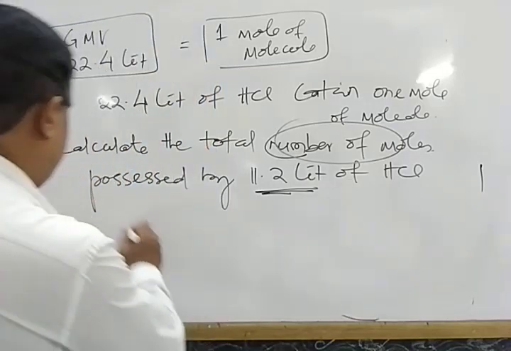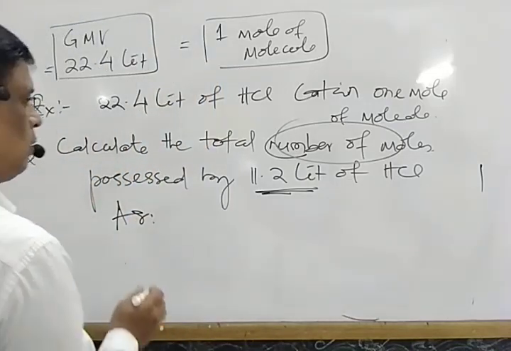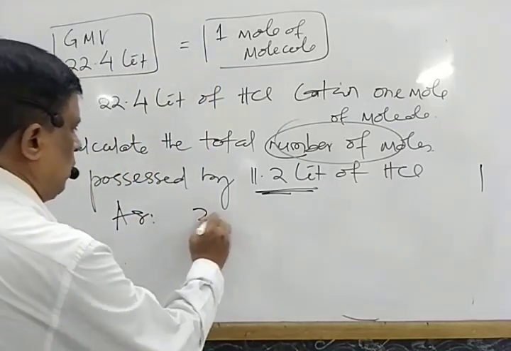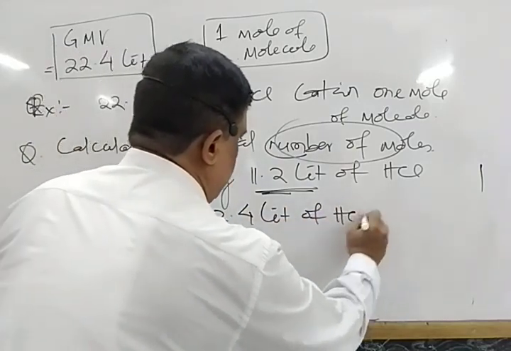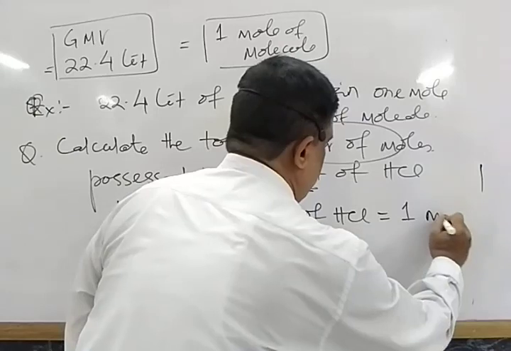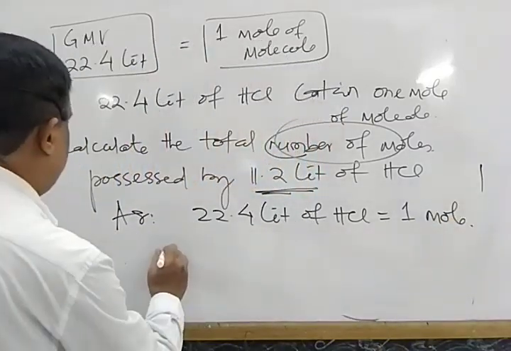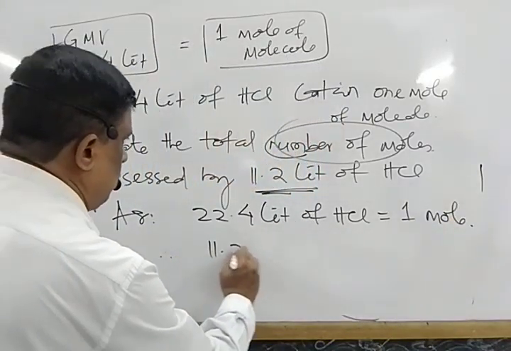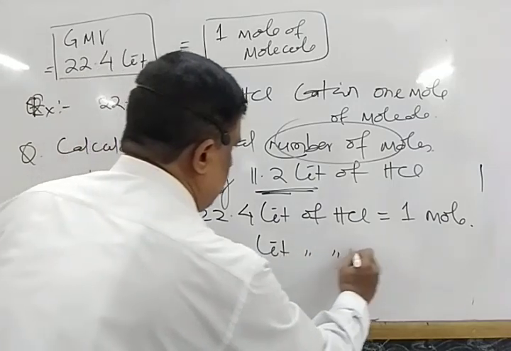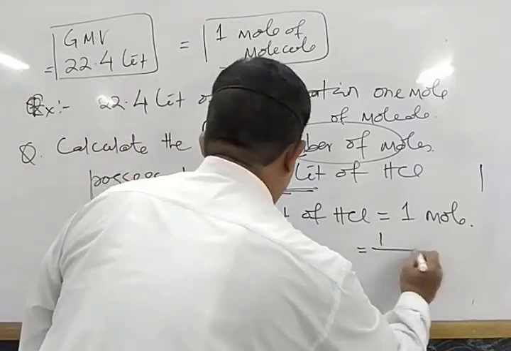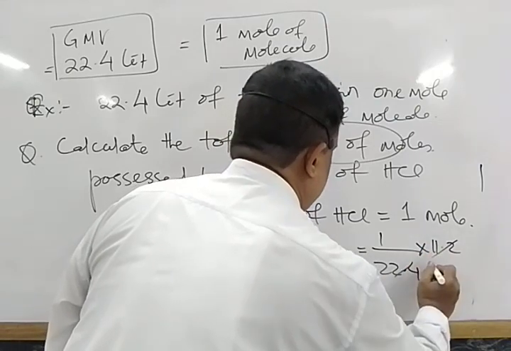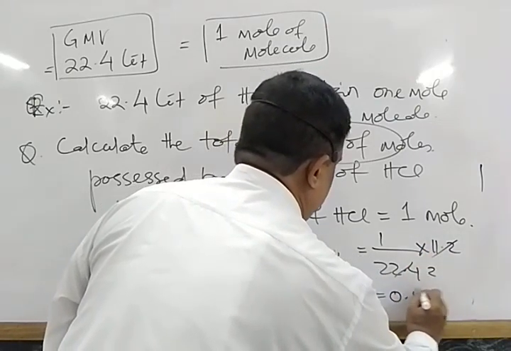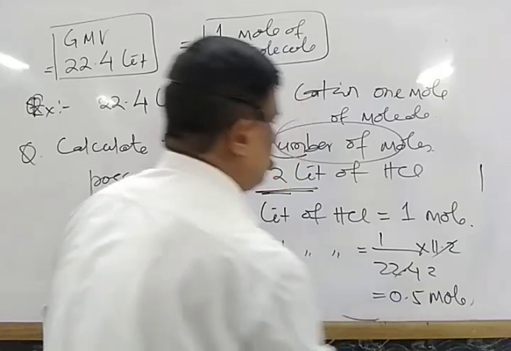So answer. Mark that. 22.4 liter of HCl is equivalent to 1 mole. Therefore, 11.2 liter of HCl is equal to 1 by 22.4 into 11.2. That is 0.5 mole of HCl.